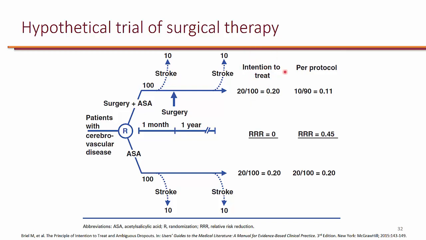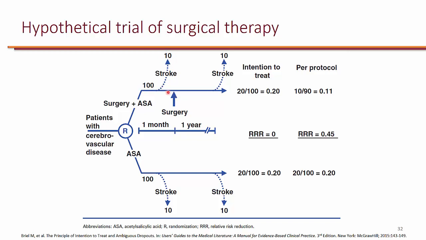Now, if you were to do the per protocol analysis on this study, you would say, well, these 10 patients who had stroke and didn't go to surgery, they violated the protocol because they didn't undergo surgery. So we're only going to look at the patients who underwent surgery. So at this point, because these 10 patients had stroke, there's only 90 left.